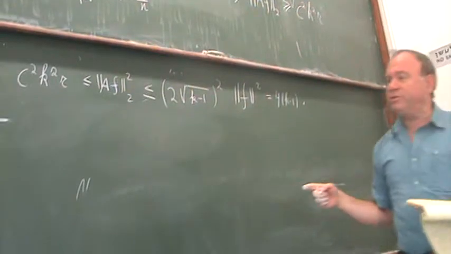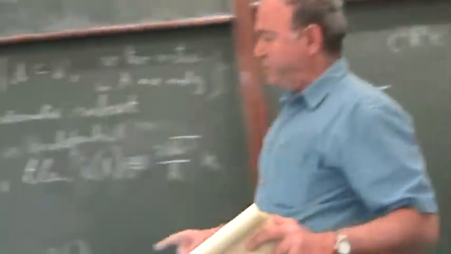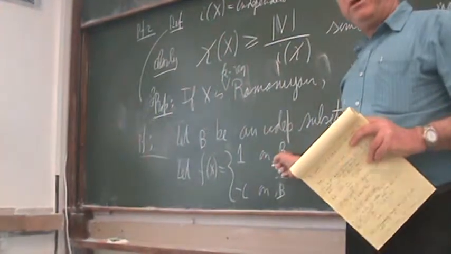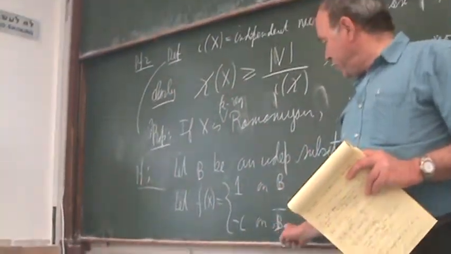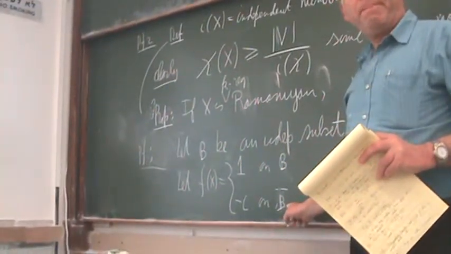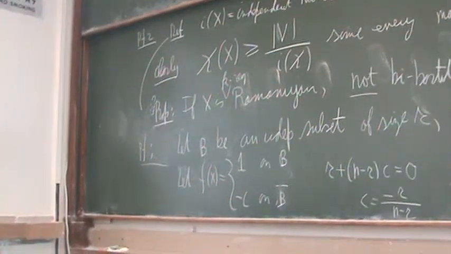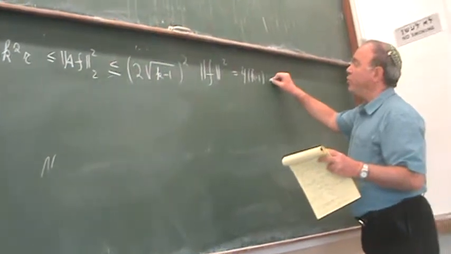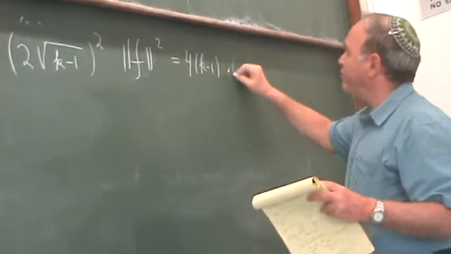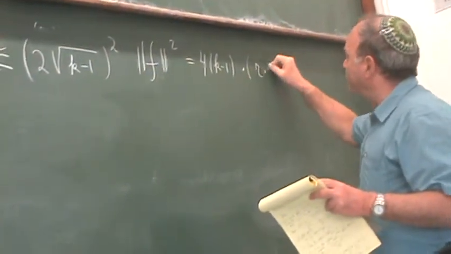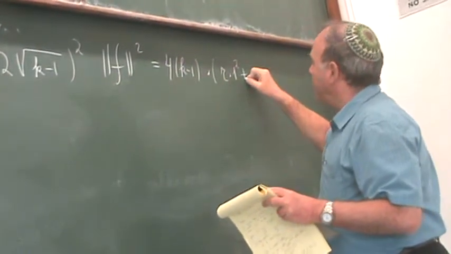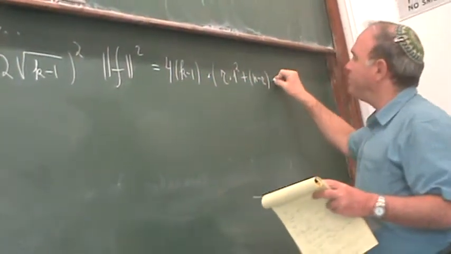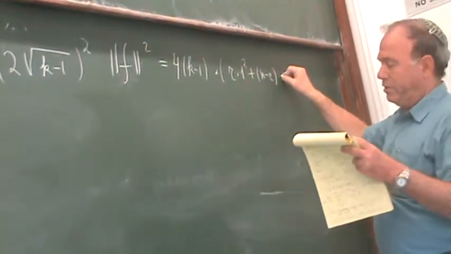F is a function which gets only two values. It gets value 1 on B and minus C outside B. So the norm of it is R times 1 squared plus (N minus R) times C squared.